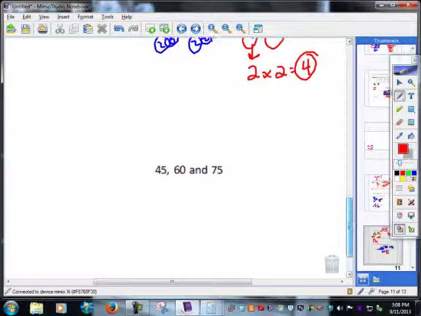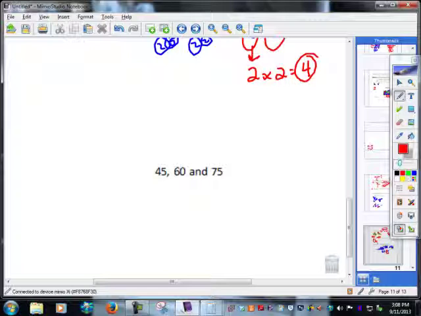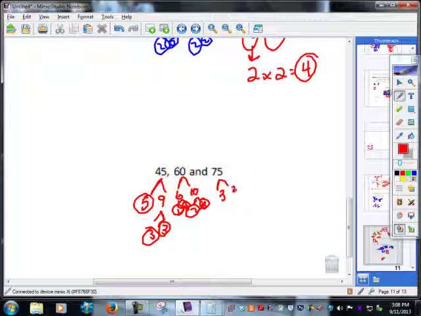Okay, let's do this last one now. Okay, of GCF, I'm going to do the prime factorization. 5 and 9, 3 and 3. Okay, 60 is going to be 6 and 10, 2 and 3, 2 and 5. And I'm going fast on this because I think you guys get that step. That's not the problem. Okay, so now we got to stack them.